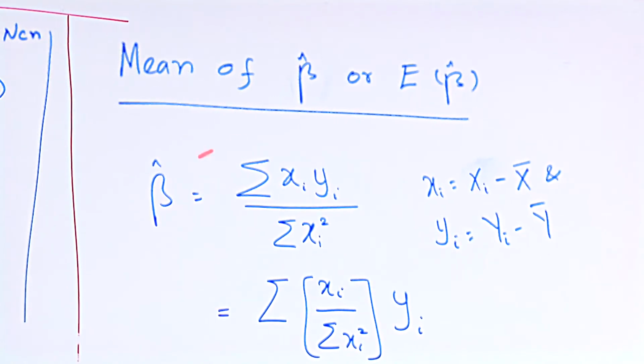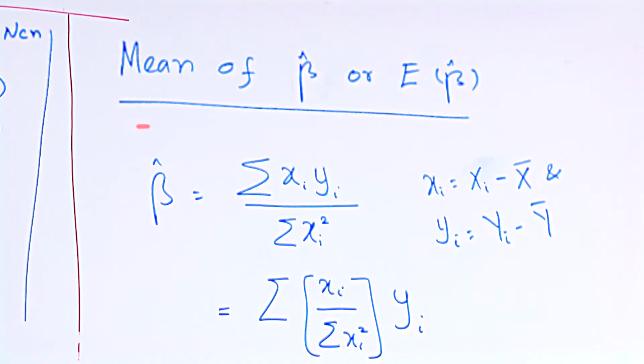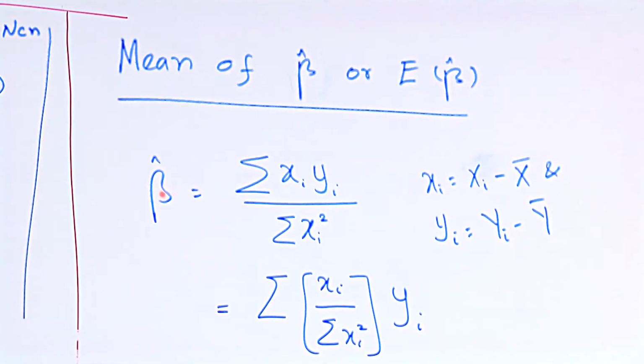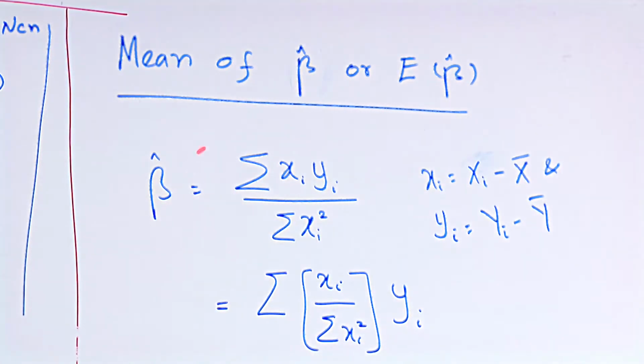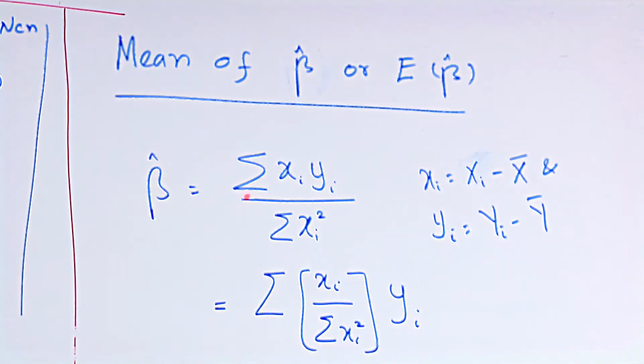Let us derive the mean of beta hat, or expectation of beta hat. Let us take beta hat equal to sigma xi yi divided by sigma xi square. This is the OLS estimator we derived.